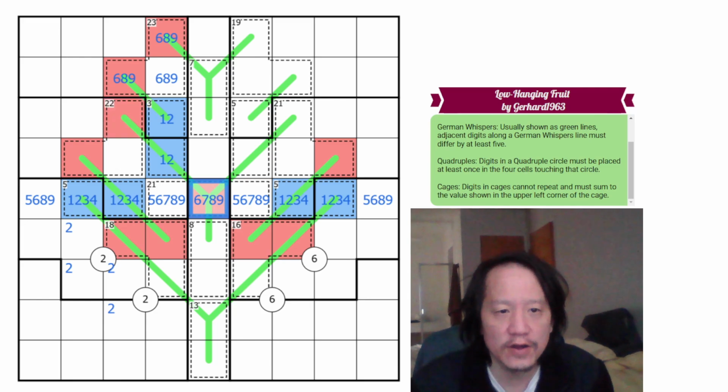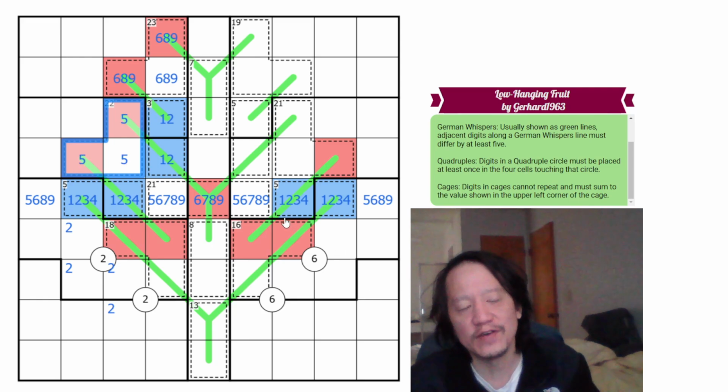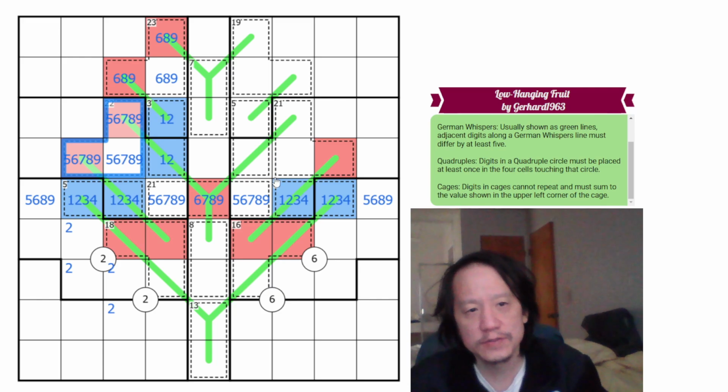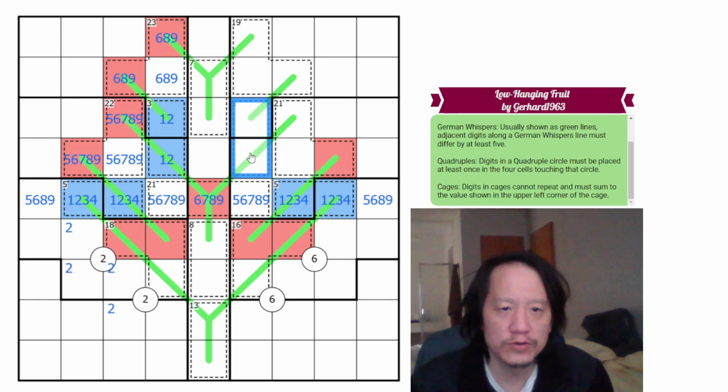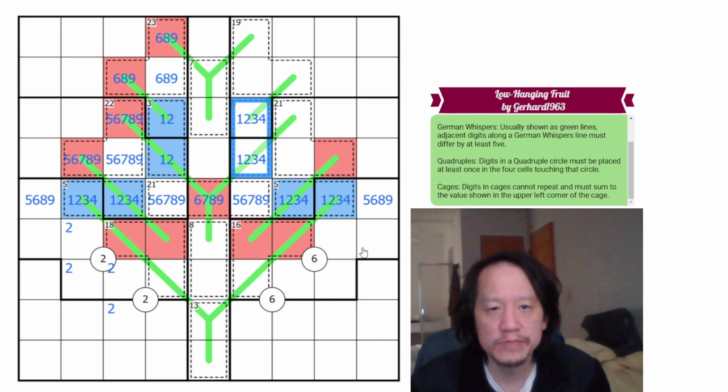This cannot be low. 3 digits adding up to 22 is at minimum 5, 8, and 9. So for the lowest one. And this is 1, 2, 3, 4. So these are both low. This has to be low, which makes this high. And therefore, this has to be 6. So this is 6, this is 1. Which makes, well, we don't know about this. This is high.